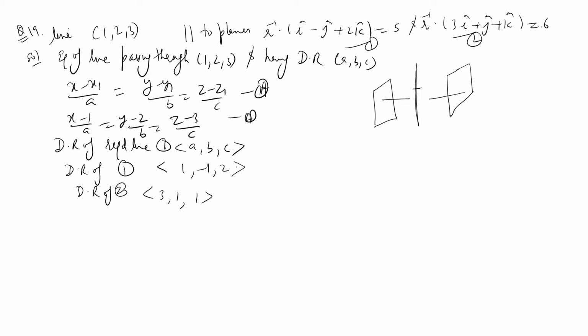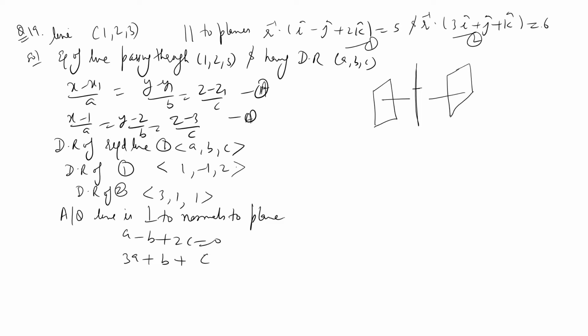According to the question, the line is perpendicular to the normals to the planes. So we get the equations a − b + 2c = 0, and 3a + b + c = 0.